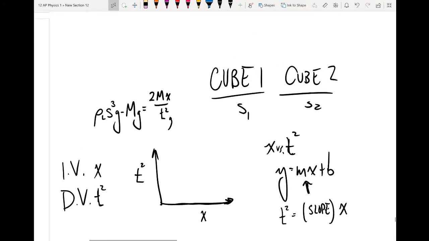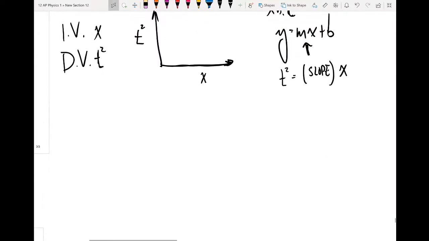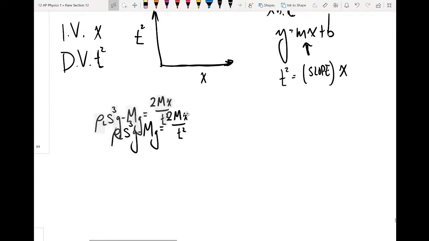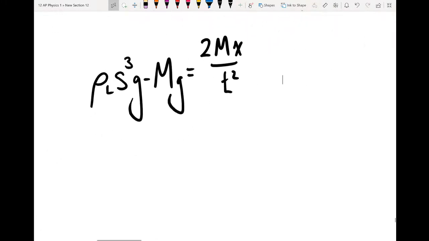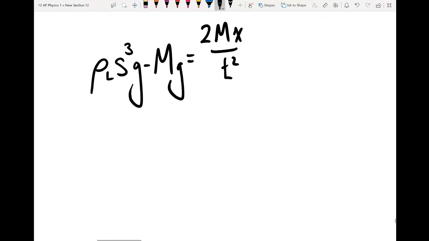That's a little bit tricky. Algebraically it's not too bad, but conceptually it's a little bit whack. And then I'll talk through what they did, which is a little bit easier, but then we don't get to use linearization. So I want to get t squared on the one side.